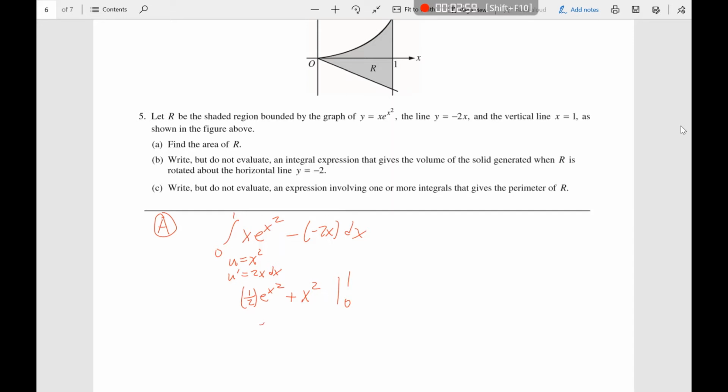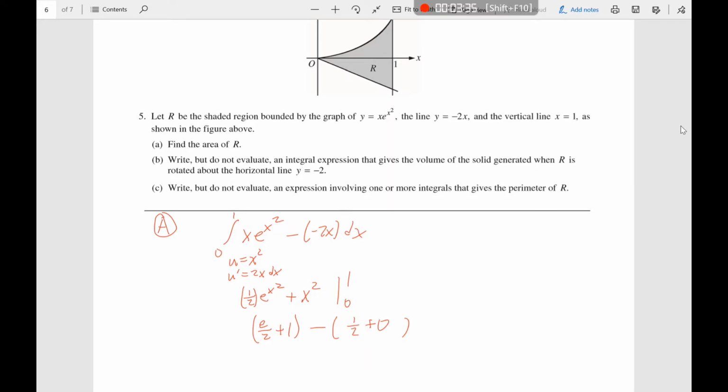Okay, so this will be e over 2 plus 1 for my upper bound minus what? Okay, you're right. So minus 1/2 plus 0 is 1/2.